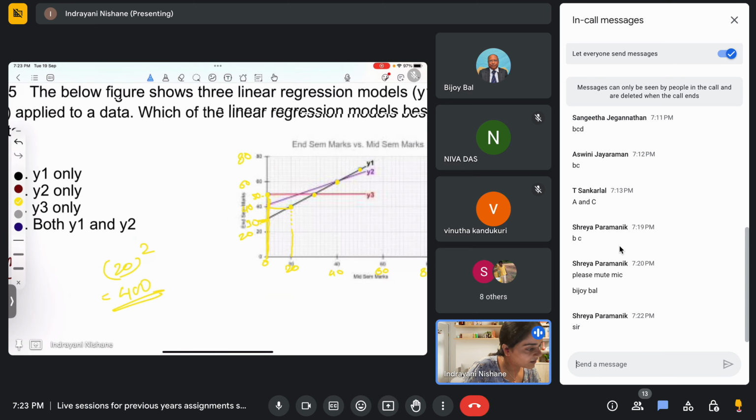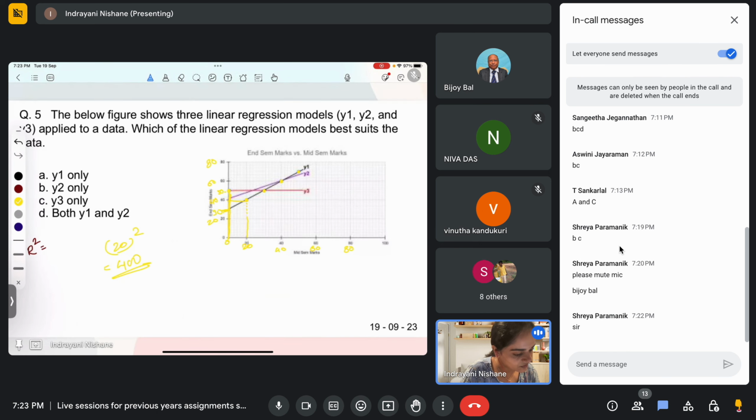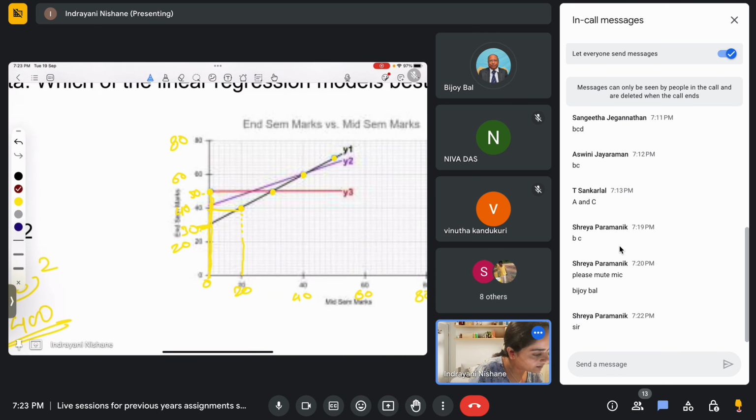So for y1 we have gotten this value. Now I'll choose the red color for y3. Let's do it for y3. This is the equation; two points are on that linear model. For 40 the value is 60, and the actual seems to be 50, so this difference is 10.